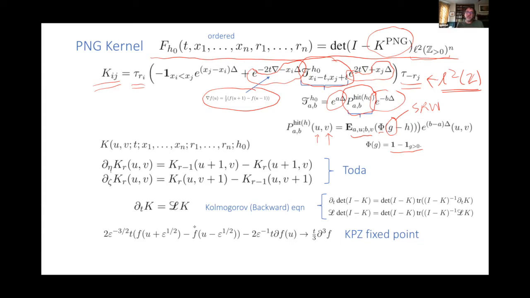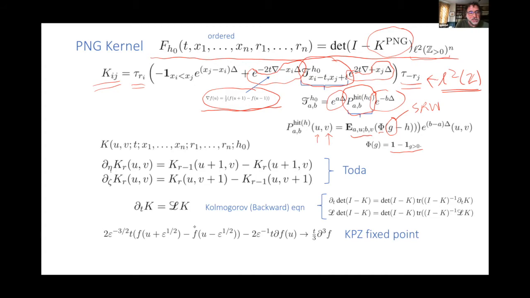And at the KPZ fixed point level, everything is exactly the same, except that simple random walk paths have been replaced by Brownian motions, and the discrete Laplacian has been replaced by the Laplacian, and then this balanced discrete difference operator.